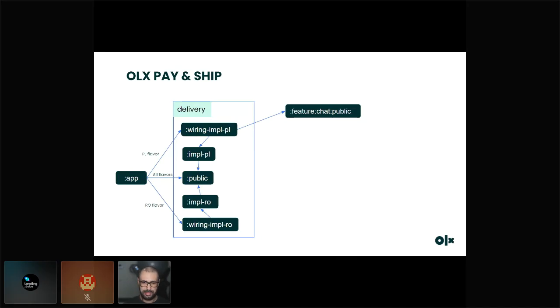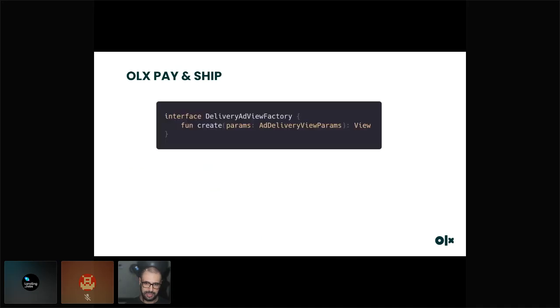So what does that mean? Let's say here, the contract, the interface that is needed for that feature to be injected in that screen is this one here. You have the interface, and you have a function to create that. It will return a view.